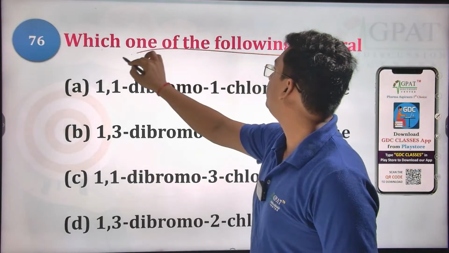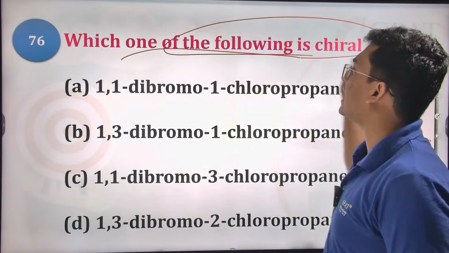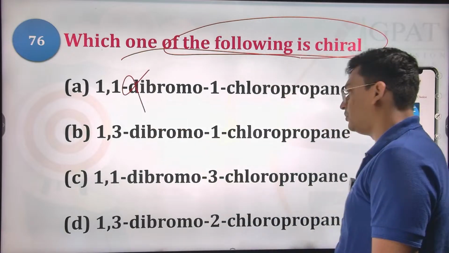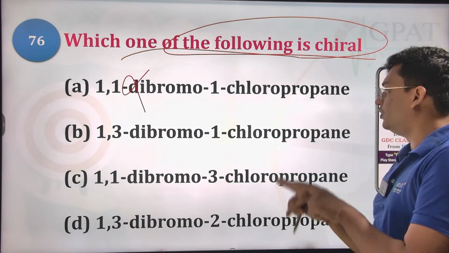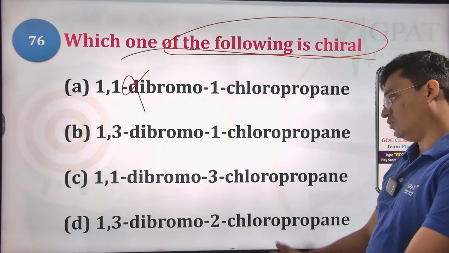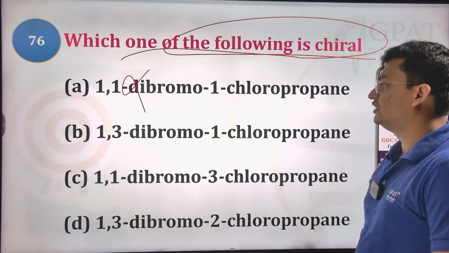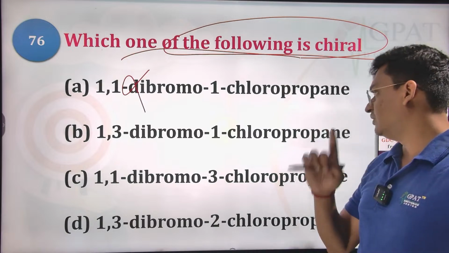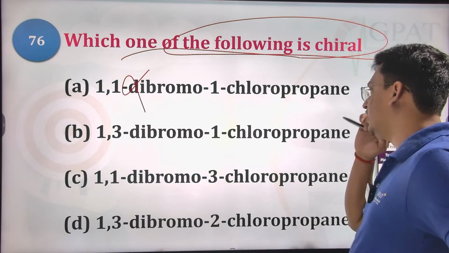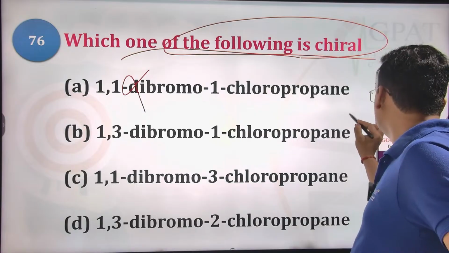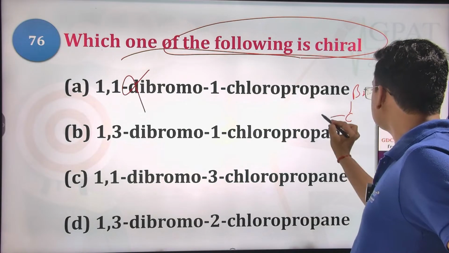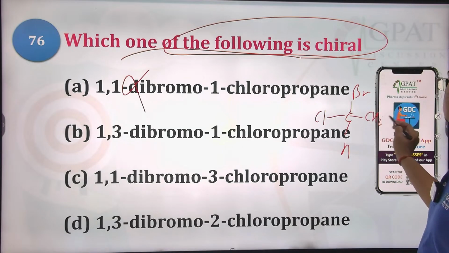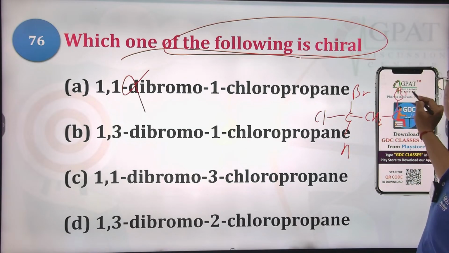Which one of the following is chiral? 1,1-dibromo, 1-chloro, since there is 1,1-dibromo, not at all possible. 1,3-dibromo, 1-chloro propane, it could be correct, I guess. The bromine is present on the 1 and 3 positions, and the chlorine is present on the first position. So 1-bromo, 1-chloro, there is 1 hydrogen here, and CH2, 3-bromo.